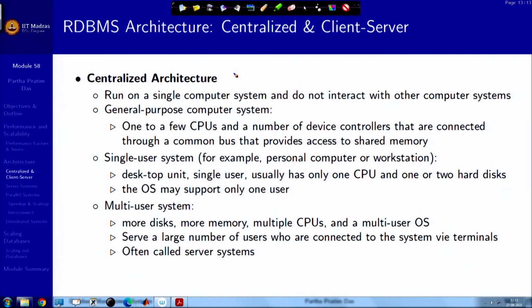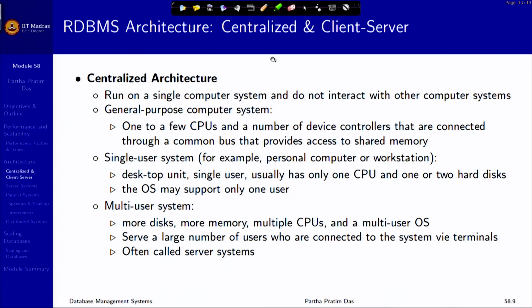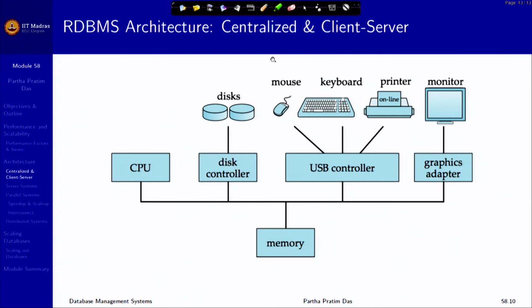Now, centralized architecture is useful for very small applications, and this is typically how it looks. So, you have everything connected together with your CPU, with this controller, USB controller, your graphics adapter, memory, everything together.